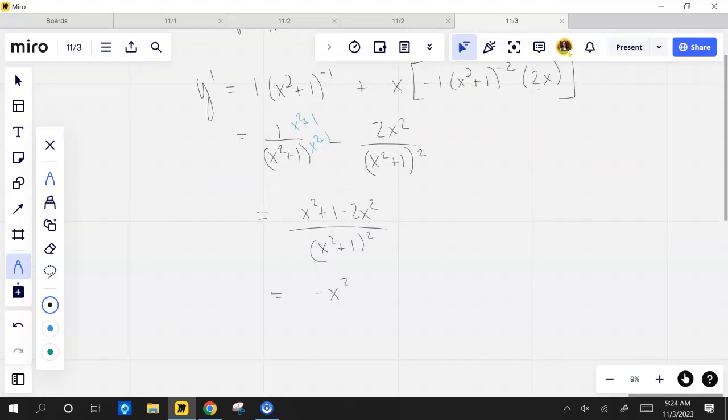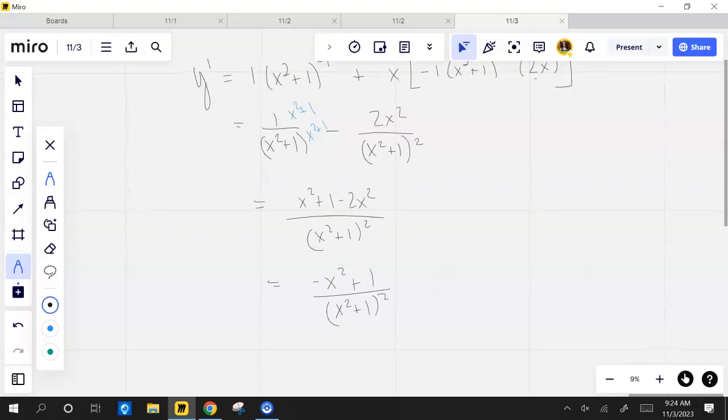This is the same thing we got the first time we worked it. So, again, I rewrote it like this so that I could take the second.